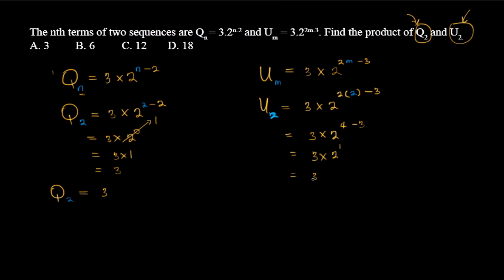So that's 3 times 2 to the power 1, which is 2, and 3 times 2 gives you 6. So u sub 2 equals 6.